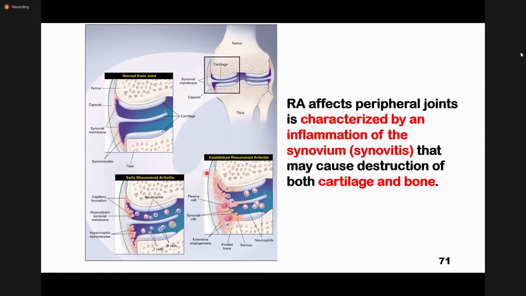So here is how it looks. This is the normal joint you see here, okay? But in rheumatoid arthritis, in the synovial membrane, the synovium here, there is inflammation because of the autoantibodies, causing the destruction of your bones and cartilage, and then you have the inflammation, synovitis, okay.